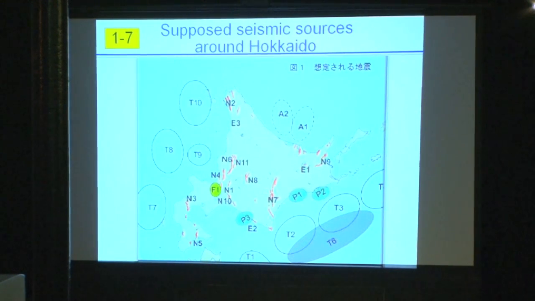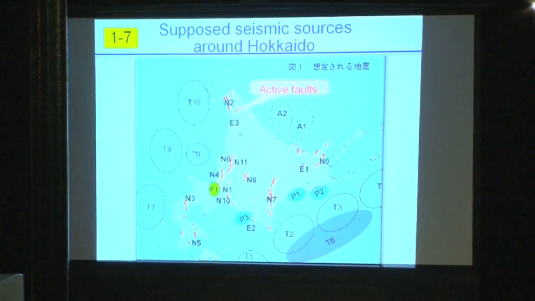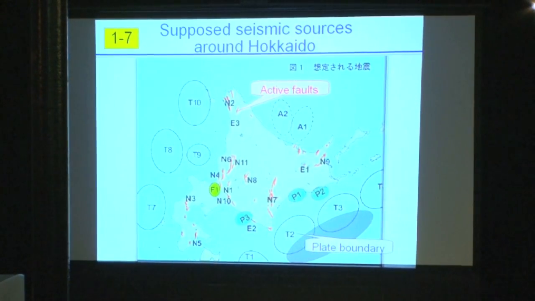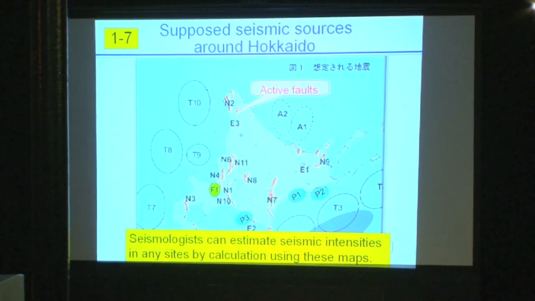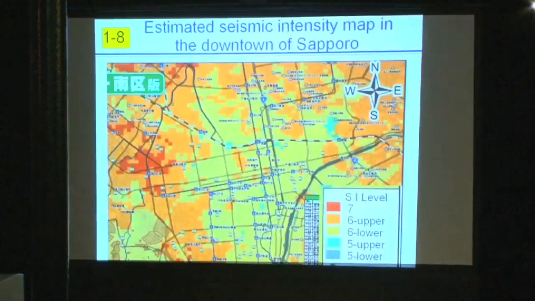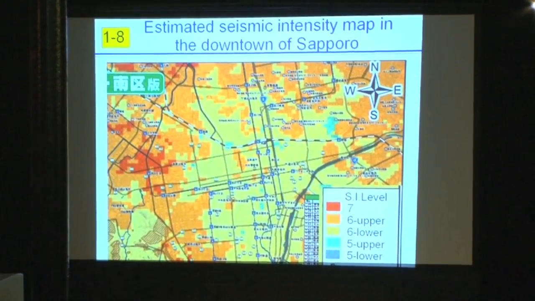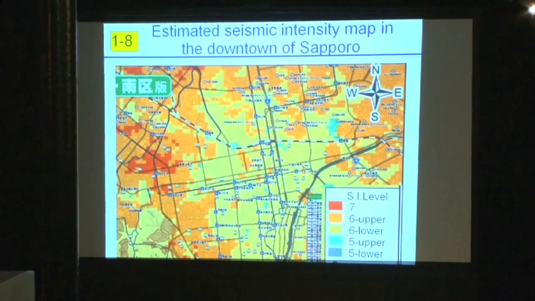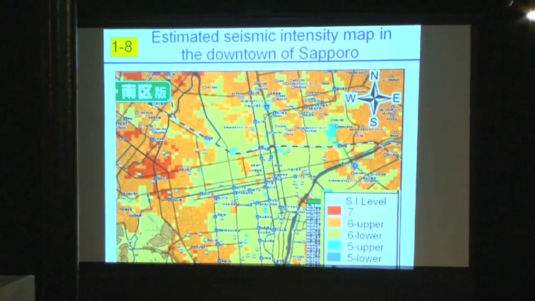These are the supposed seismic sources around Hokkaido prefecture. Red lines are active faults, and round marks are plate boundaries based on the theory of continental drift. Seismologists can estimate seismic intensities at any site by calculation using these maps. This is an estimated seismic intensity map of the downtown Sapporo area.